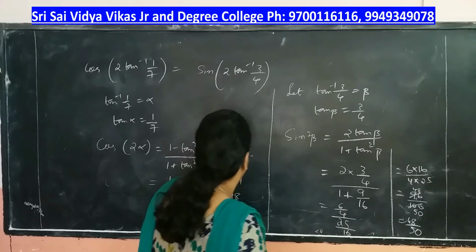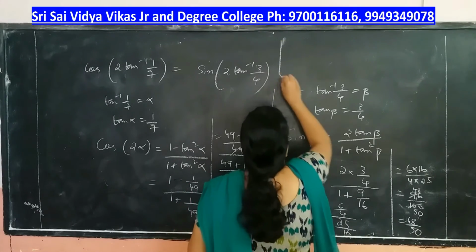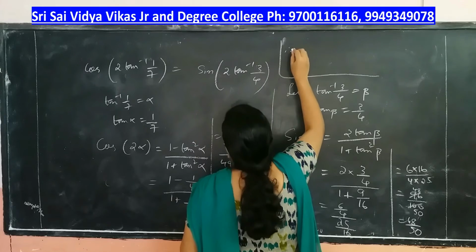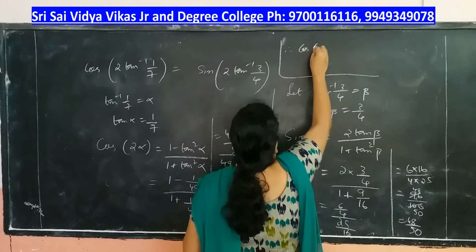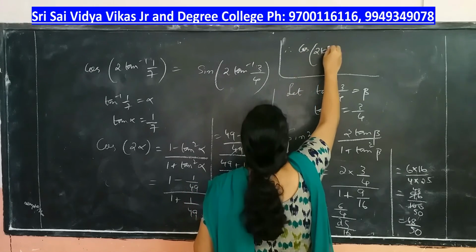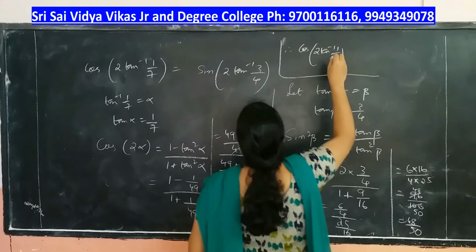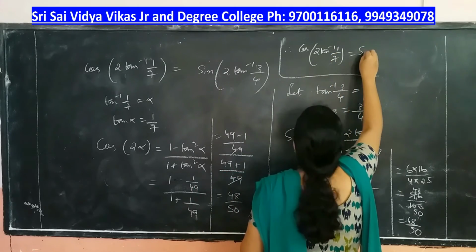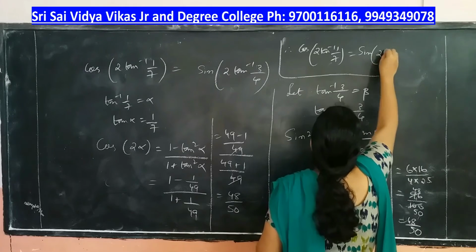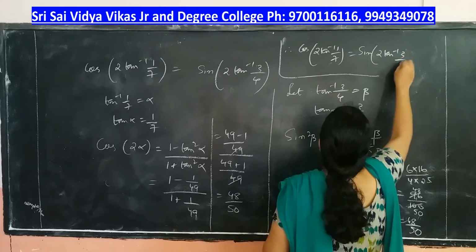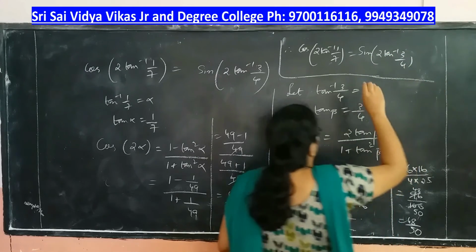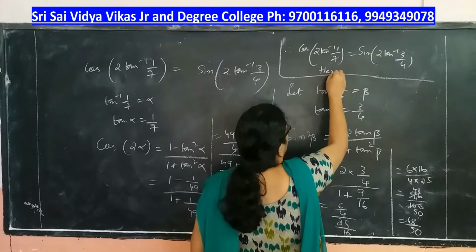So these two are equal. Therefore, cos 2 into tan inverse 1 by 7 is equal to sin 2 tan inverse 3 by 4. Hence proved.